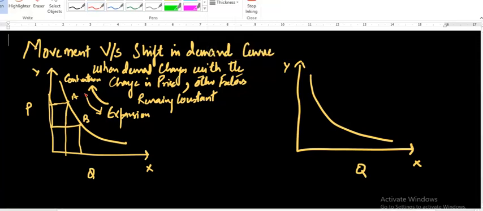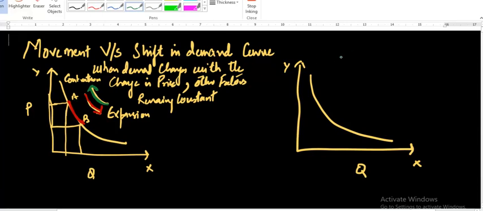One is an expansion. Let me change it to red. Expansion simply shows an increase in the demand, and we have the contraction, that is this one. Let me change it to green. That is the decrease in demand, that is the contraction, the movement from point B to A, when the demand decreases with the increase in the price.